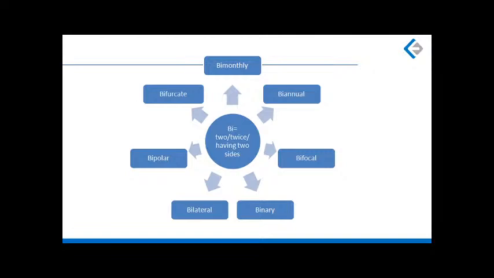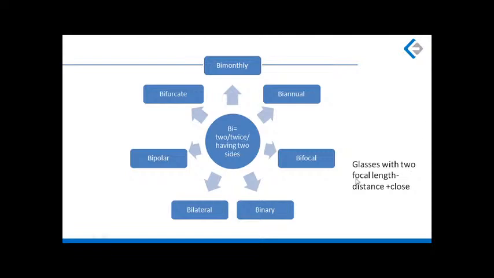Next is our root bi. It is a root as well as a prefix. It could mean two or twice, or it could mean something that has two sides. So when you have something that is bifocal, bifocal glasses include both types of glasses: glasses for near vision and glasses for far vision.